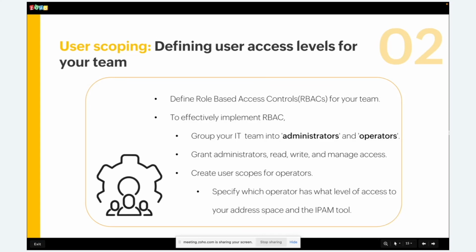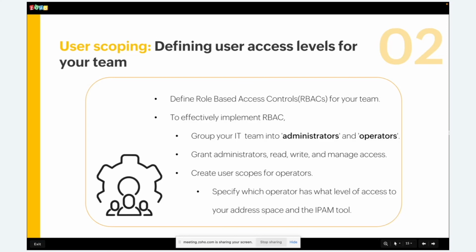For example, let's say we have an operator A. He can access subnets D, C, and E, and he can only use the IPAM part of your IPAM solution, by which I mean the management part and not the reports. He can only manage your IP address space but not view the reports.